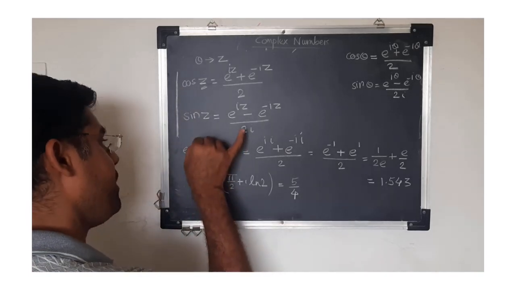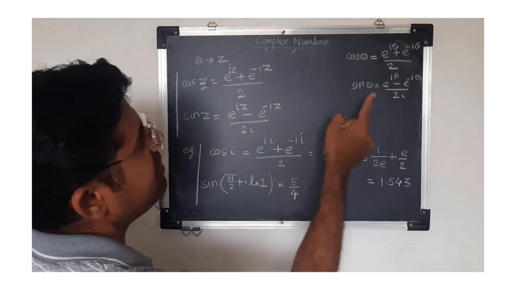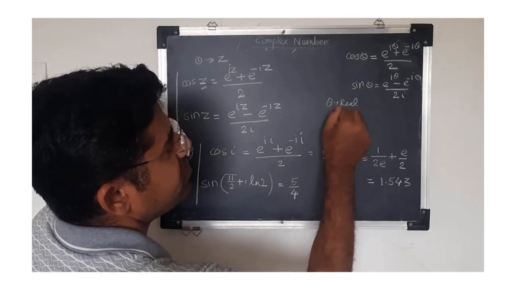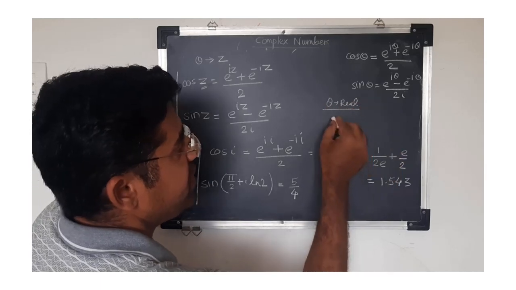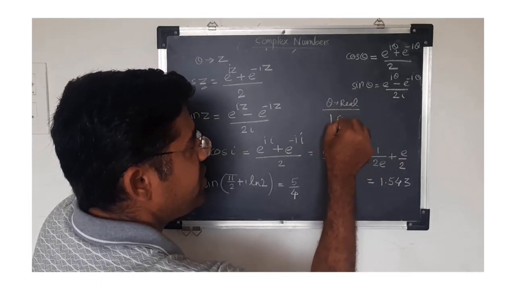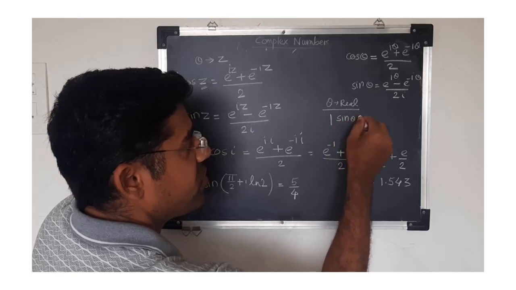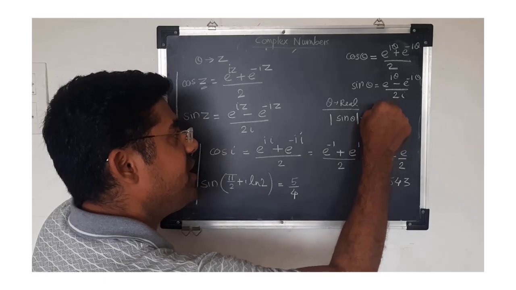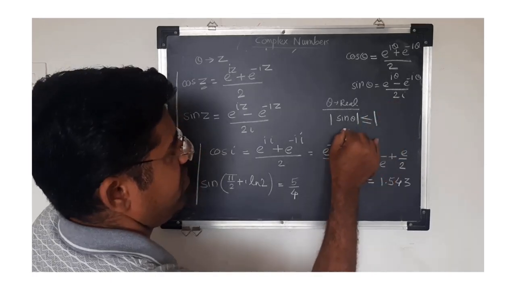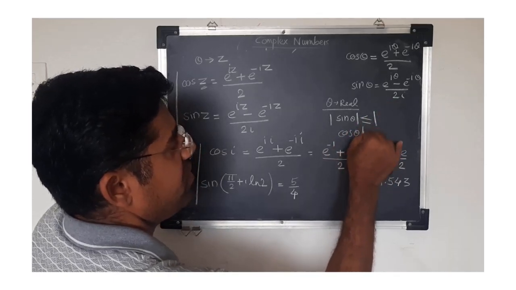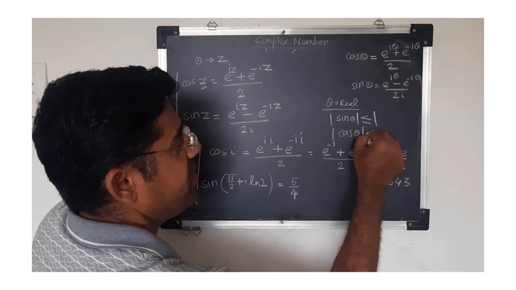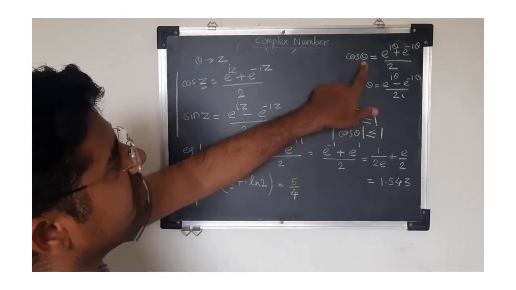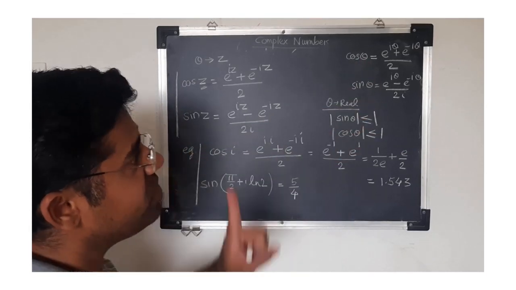Now see, if your angle theta is real, then in that case the modulus of sin theta is always less than or equal to 1, and cos theta is also less than or equal to 1. Simply, suppose you have taken cos of 0, which is 1.